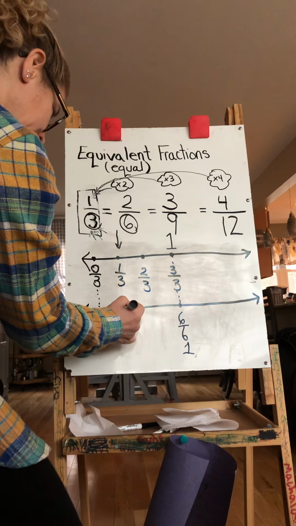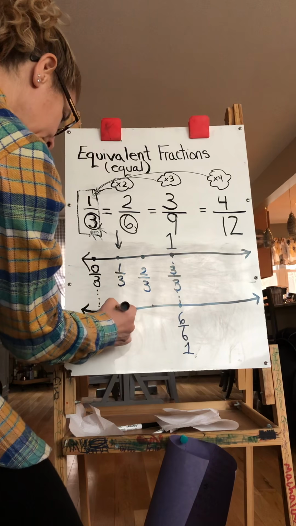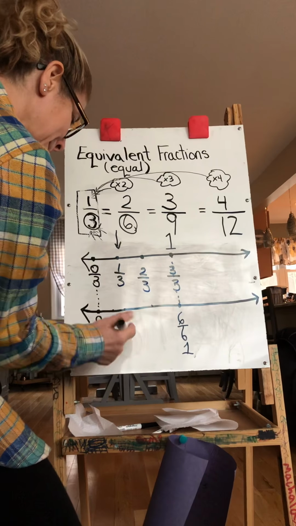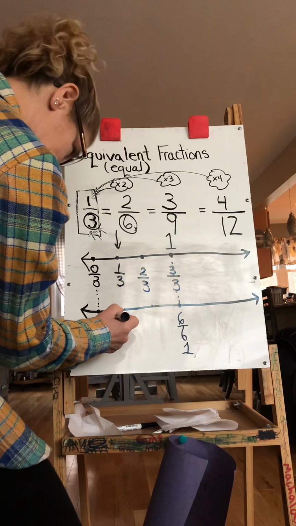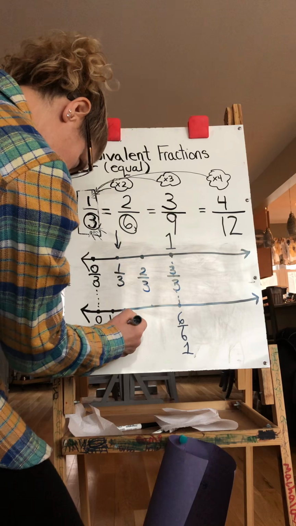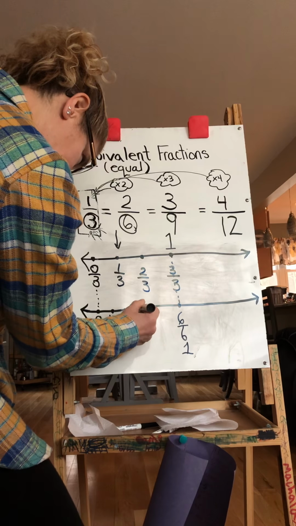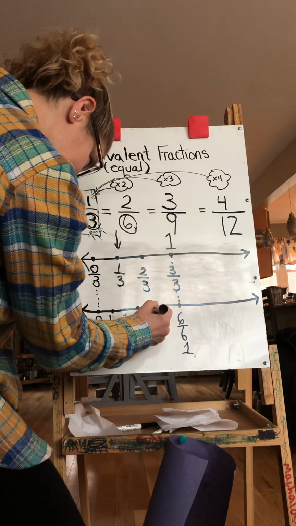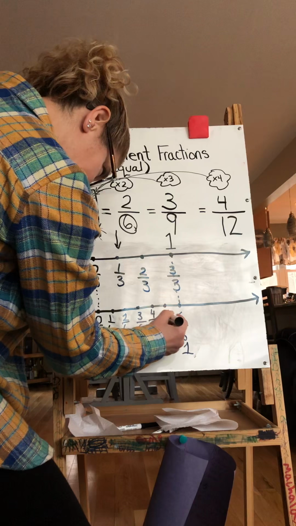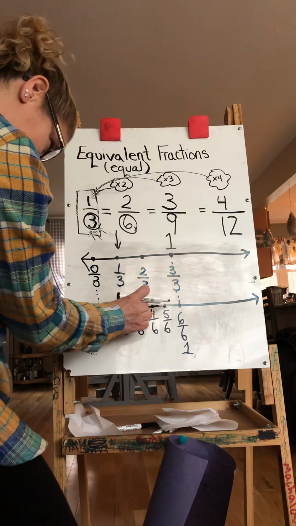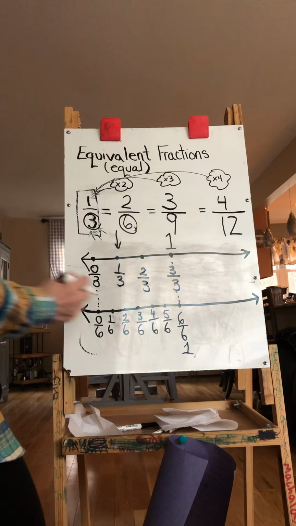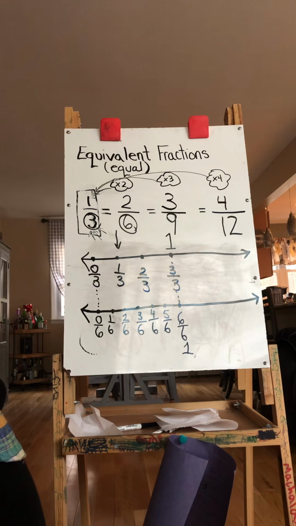So I kind of go like this. 1/6, 2/6, 3/6, 4/6, 5/6. I try to get my increments as equal as possible drawing a number line. I think it's much easier to do it that way than doing area models.